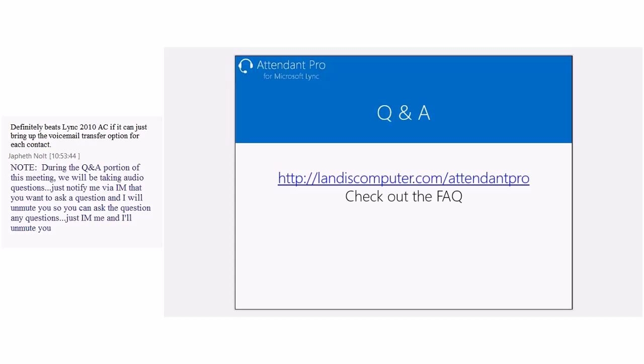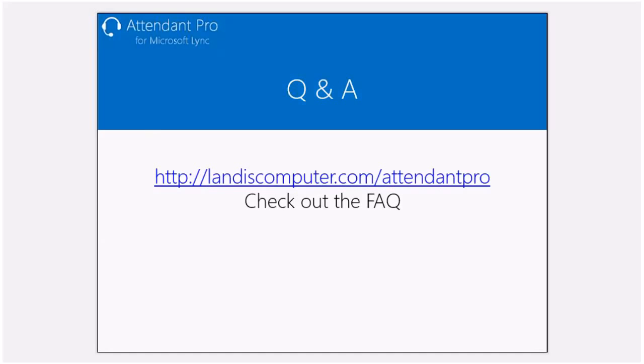Then Martin Boehm asked, is there any additional attendant reporting other than the Lync monitoring reports? At this moment, it is entirely a client-side application. So for reporting, you are dependent on the Lync monitoring reporting.